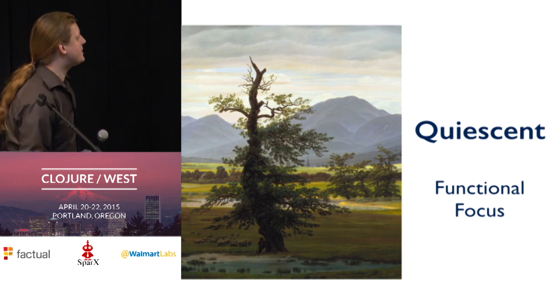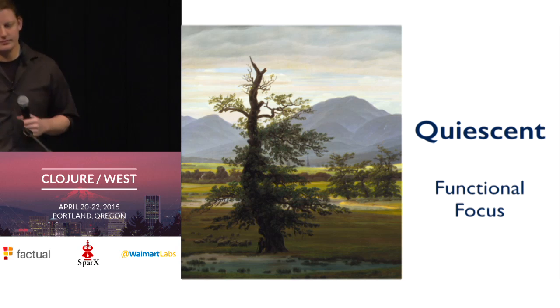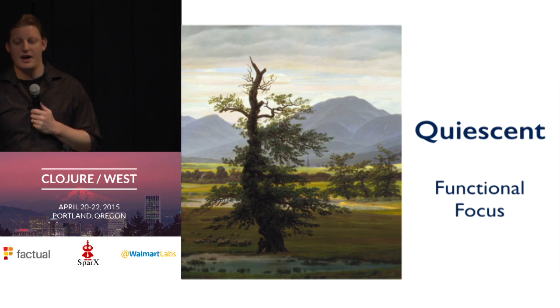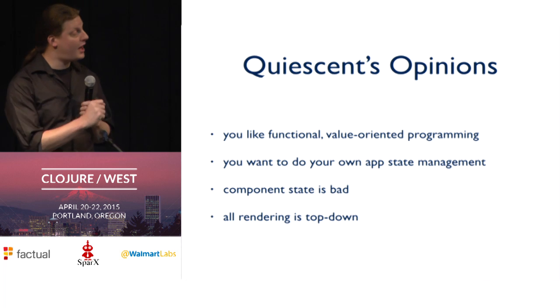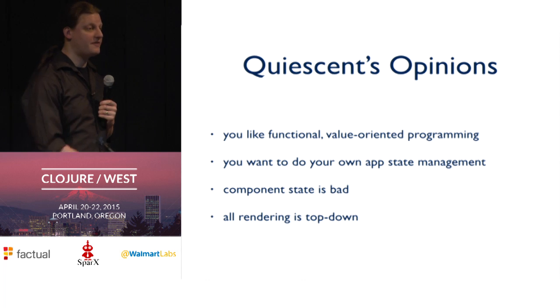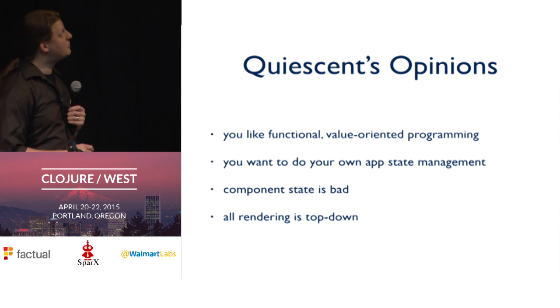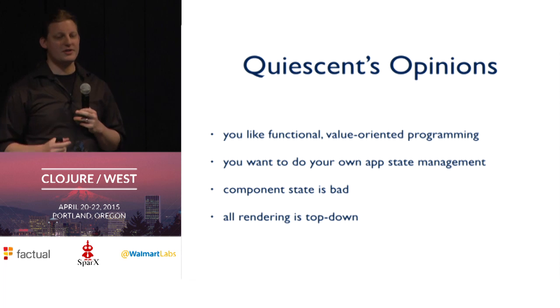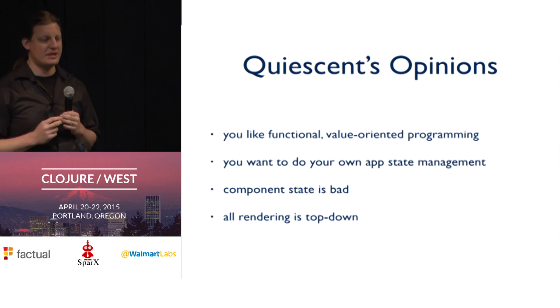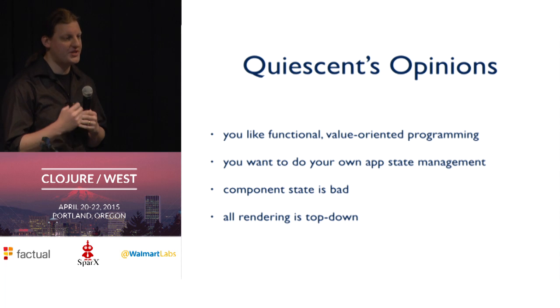So, Quiescent is a library that I wrote. Not because I thought the other libraries were not good, they are. But there are a number of opinions that are a little bit different from the other libraries, which is you like functional value-oriented programming. Cursors and reactive atoms are all kind of addressing the problem of how do we hold state.